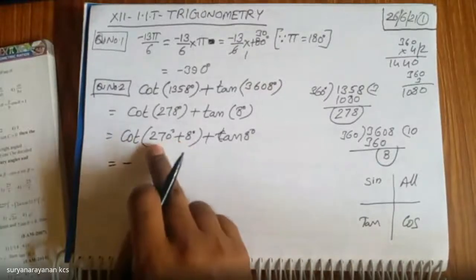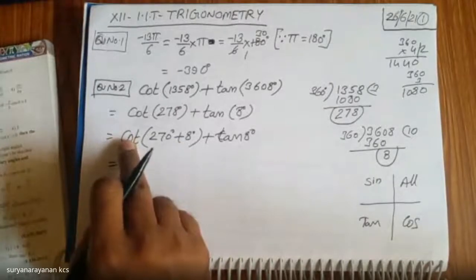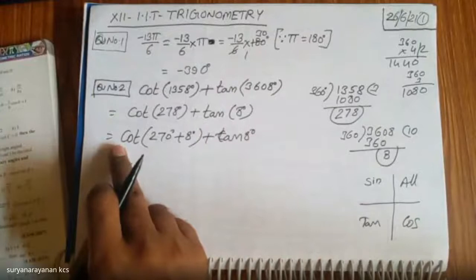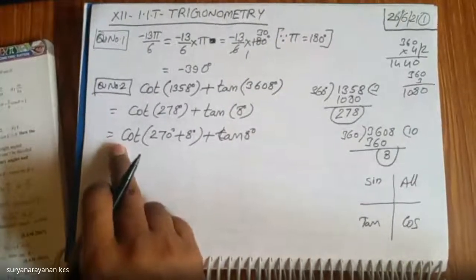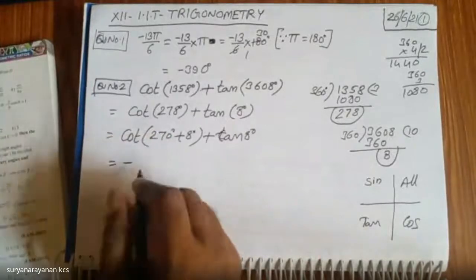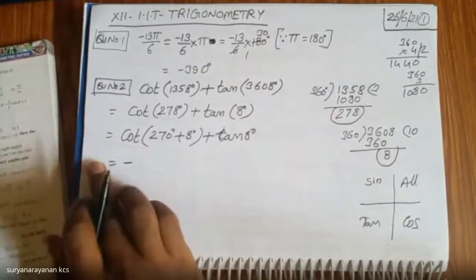If you use 270 plus or 270 minus, the trigonometric ratio changes: sine changes to cos, cos changes to sine. Tan changes to cot, cot changes to tan. Similarly, secant changes to cosecant, cosecant changes to secant.